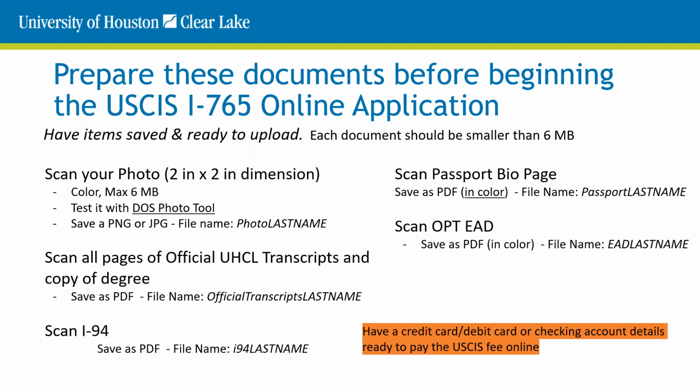Your most recent I-94, your passport biographical information page, and your previous OPT EAD card. Have your credit card or debit card or checking account details ready to pay the USCIS fee online after you get the STEM I-20 from UHCL.